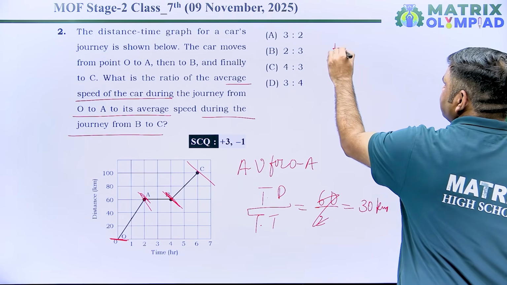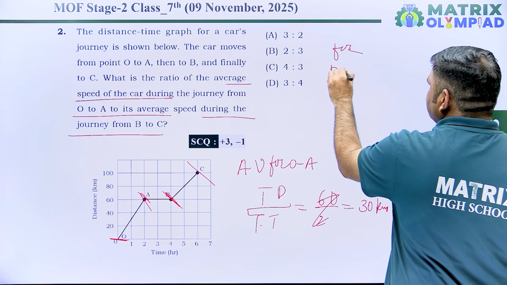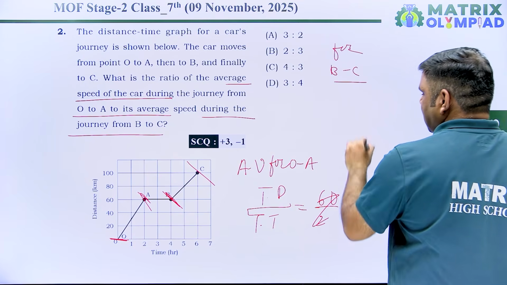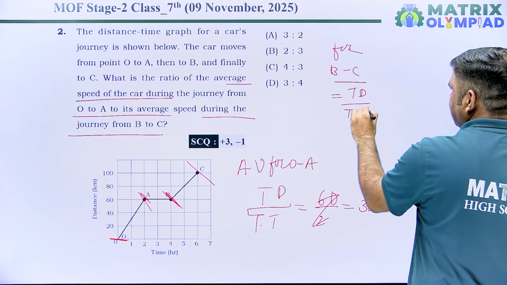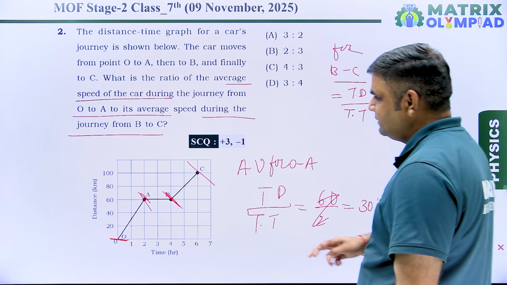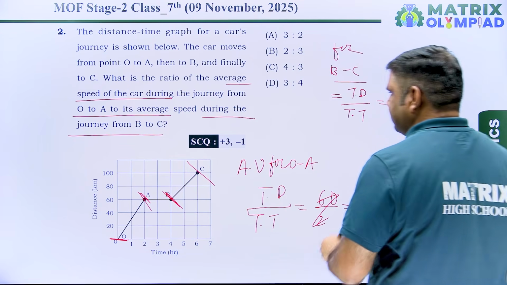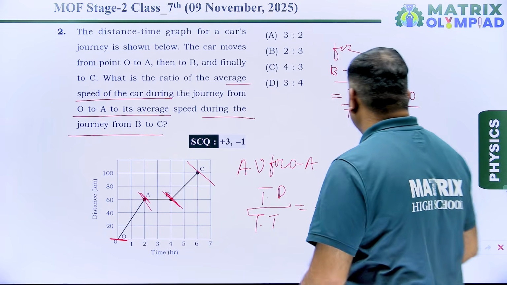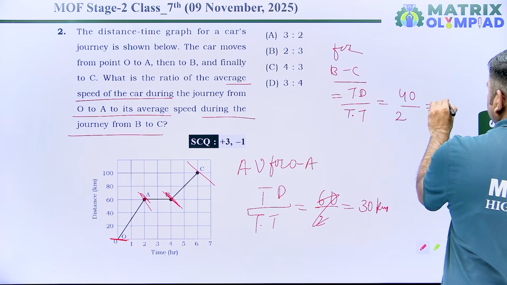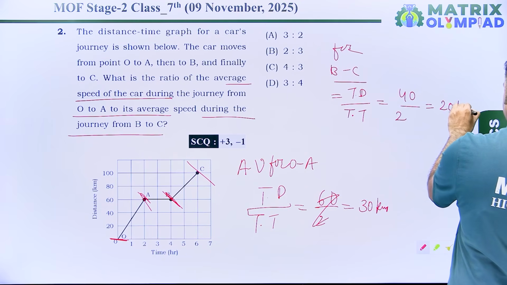Now for B to C, the average speed will be total distance by total time. The total distance is 60 to 100, that is 40, and the time is 4 to 6 hours, that is 2 hours. So 20 km per hour.